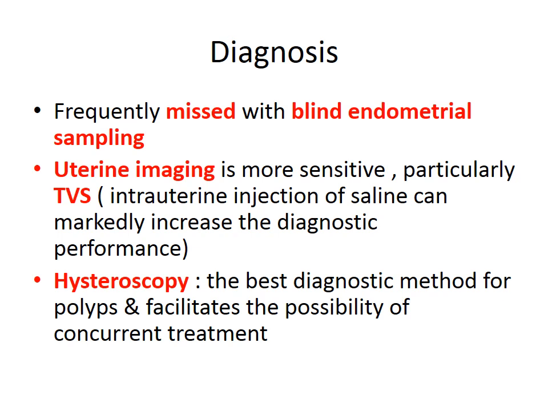However, uterine imaging techniques are much more sensitive in detecting polyps, especially transvaginal ultrasonography, and particularly when an intrauterine injection of saline is added, because this will lead to distension of the uterine cavity and increase the demarcation of the polyp, as you'll see from the next slide and the next figure.